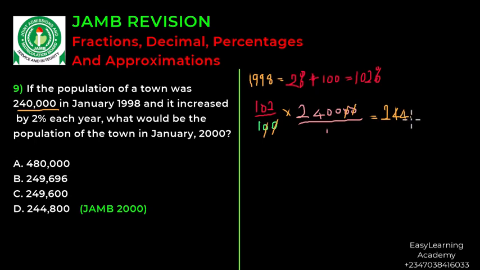Let's have a comma here. So this is the new population for which year? This was for 1998, so this one here is for 1999.